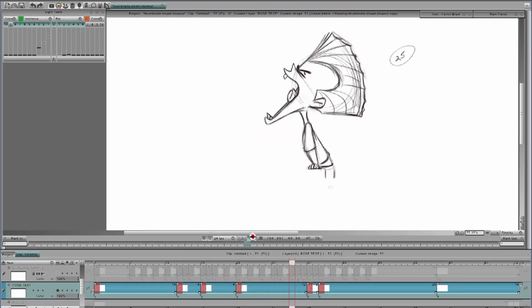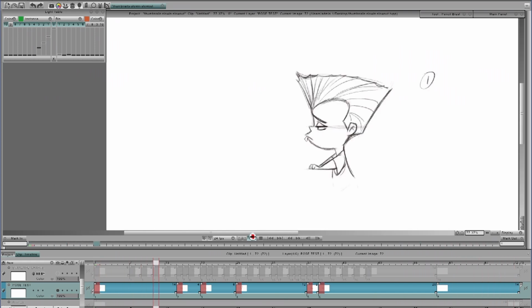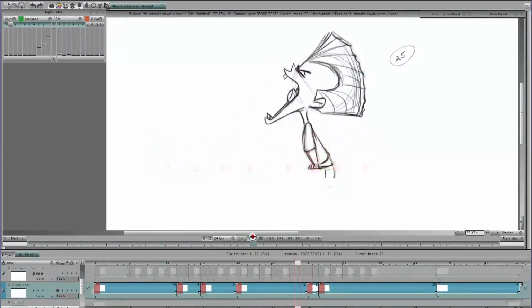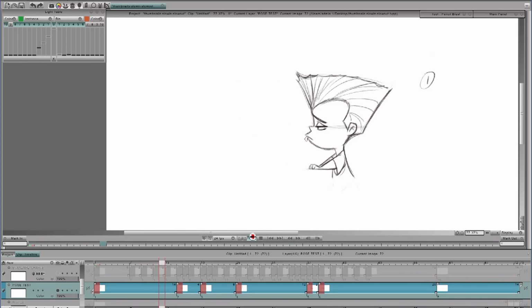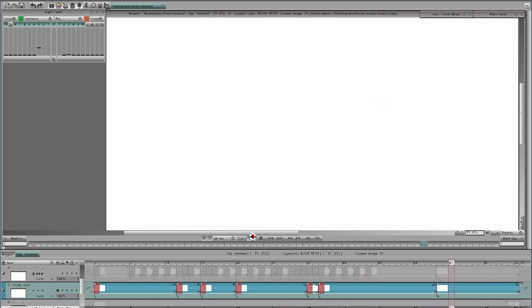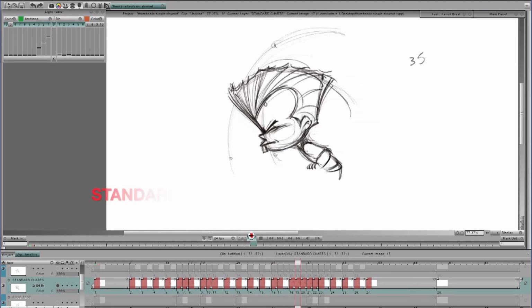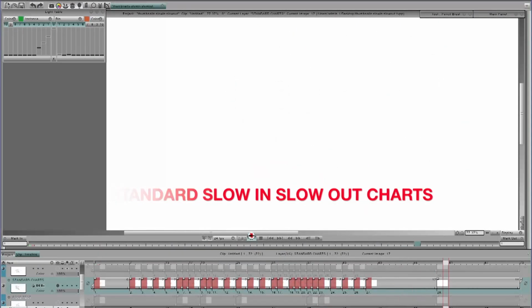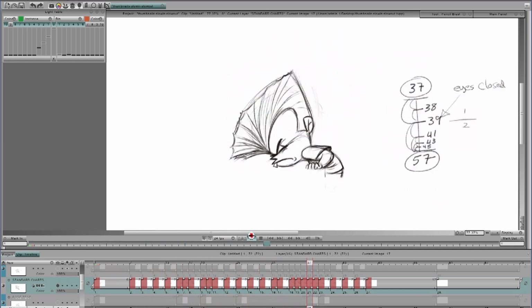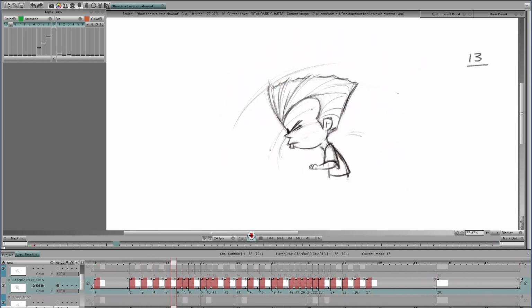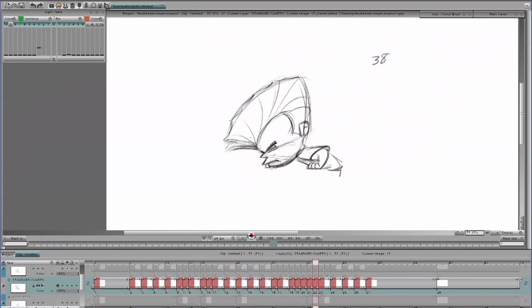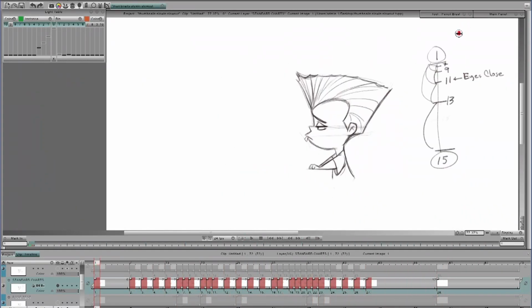Let's take another look at Rascal here. Here's the pose test. Now we're going to look at Rascal and just notice how everything is very fluid, but it's very even in its timing. Now we'll take a look at this chart right there.